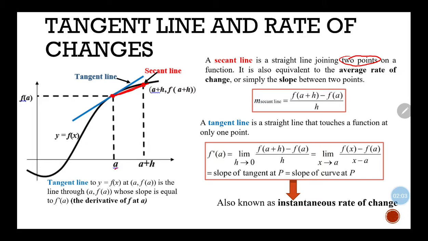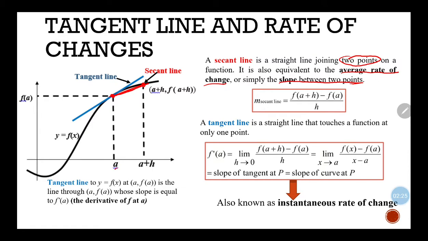It can also be known as the average rate of change, or simply the slope between 2 points. So this is its other name for secant line, which is average rate of change or slope.